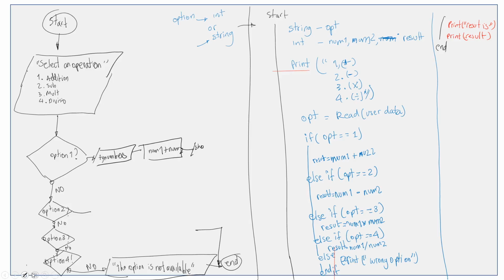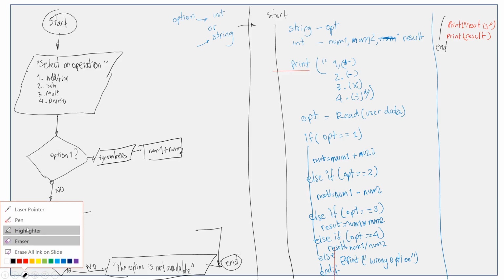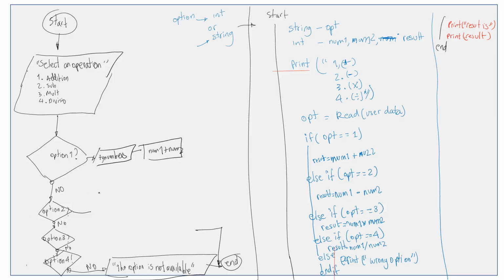But this one, here all the same, type number, then we do num1 minus num2. Here type number.